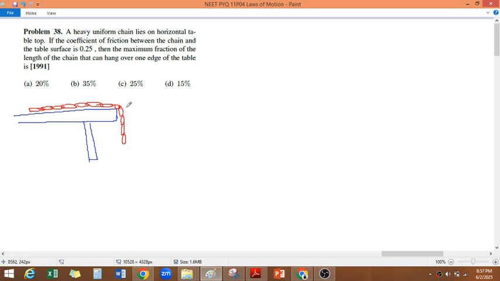So they are asking you what is the maximum length portion. Maximum percentage you can have it here so that it doesn't fall down. If you go beyond that, it will fall down. So that's why they said maximum fraction. Remember, it's not friction, it's maximum fraction of the length of the chain.